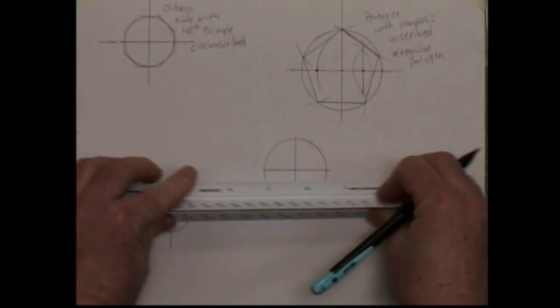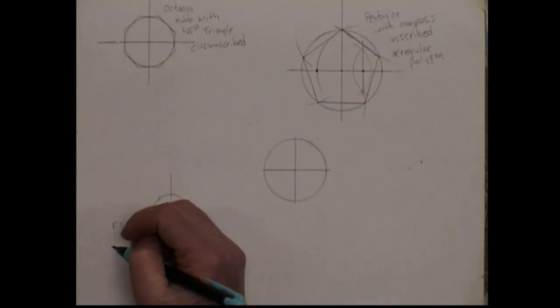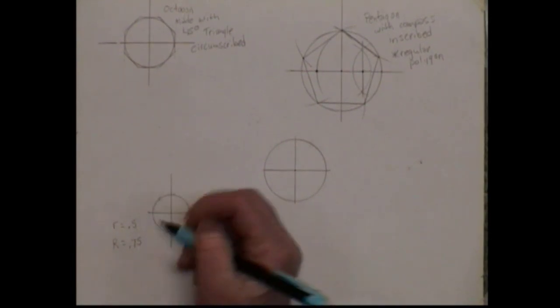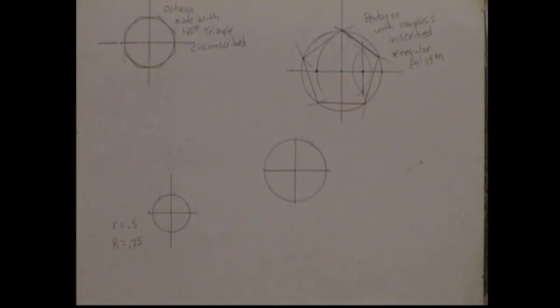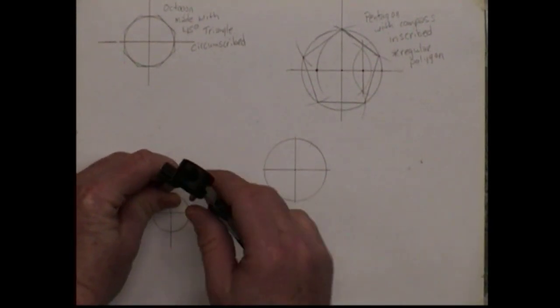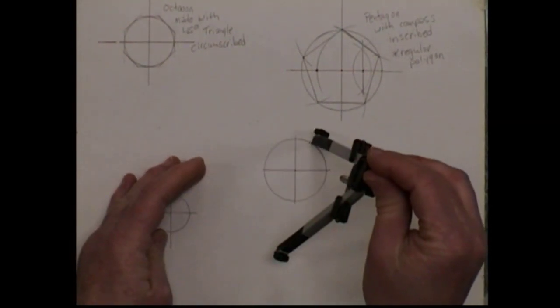And then I'll say big R is 0.75. Okay? And because this is trial and error, I didn't actually put dimensions on this thing. I'm going to just make sure that I'm choosing a radius that's going to work.